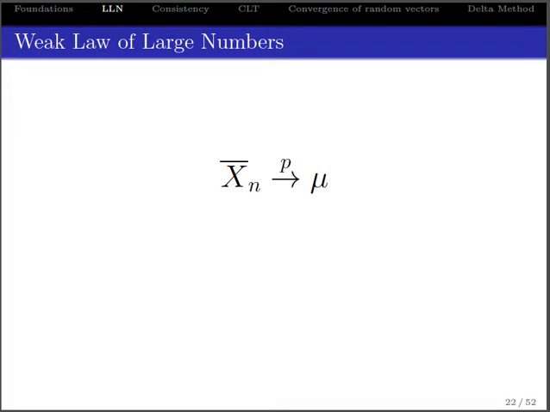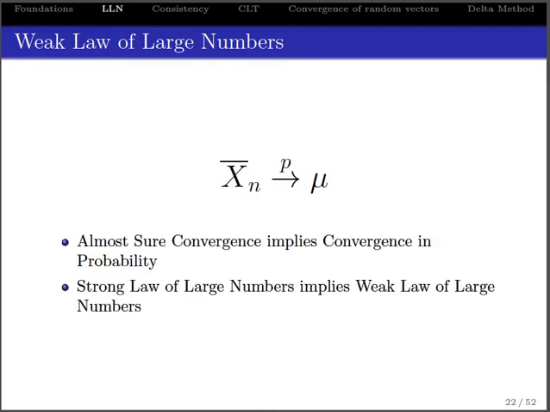The weak law of large numbers simply says that the sample mean converges in probability to mu, that is that common expected value of x1 through xn. And almost sure convergence implies convergence in probability in general, so that the strong law of large numbers implies the weak law of large numbers.